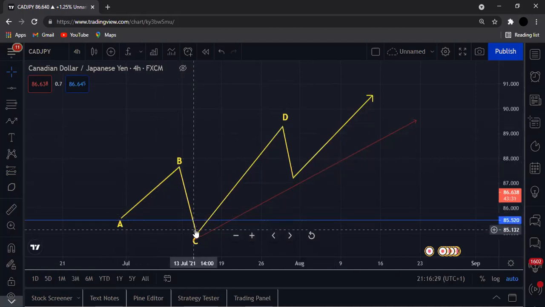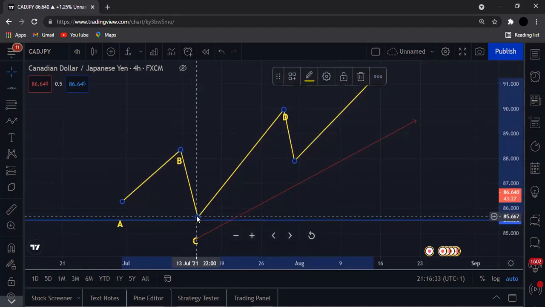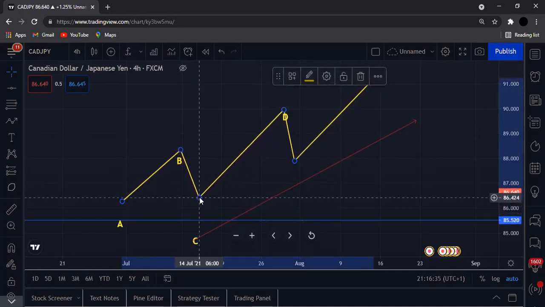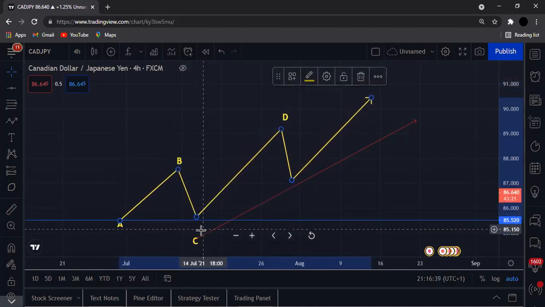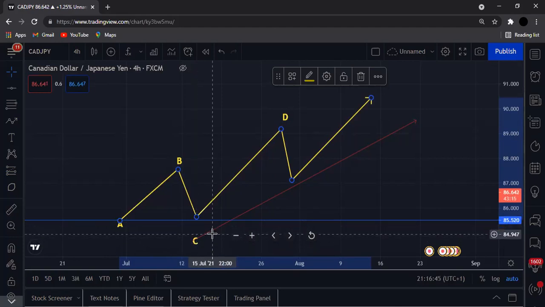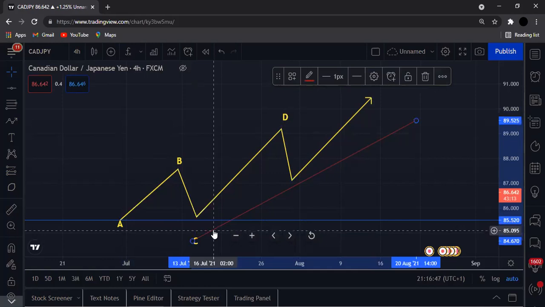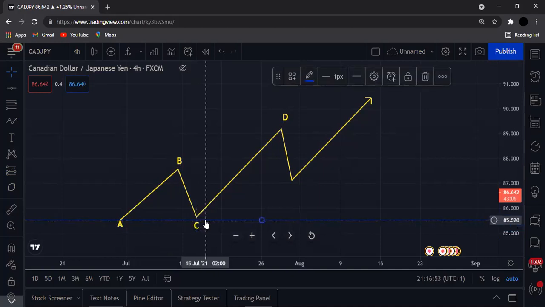Okay, let's do it this way. Let's say you still have your C valid.